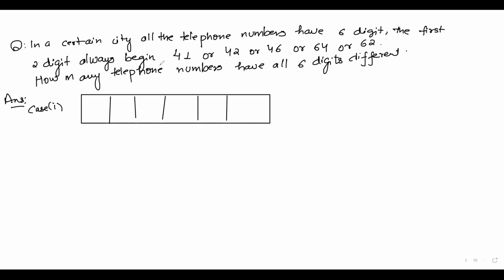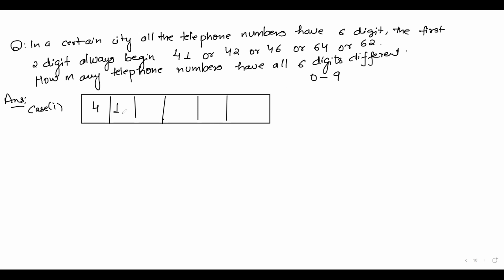We will take a first case so that we will get a hint from here. The first 2 always begin with 41. Now we have the 4 places. How many digits are there? They are not specified in the question. That's why we will take 0 to 9. Yusra, that's correct.